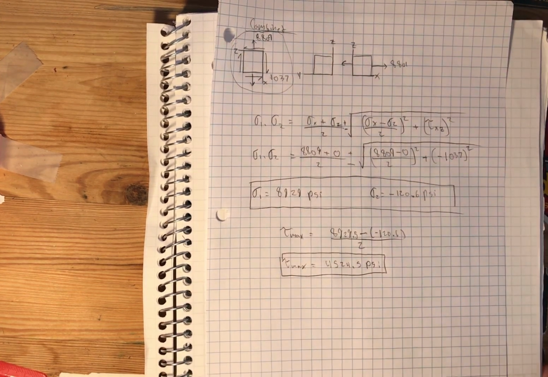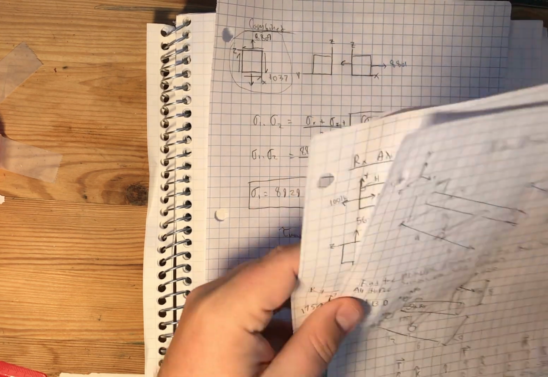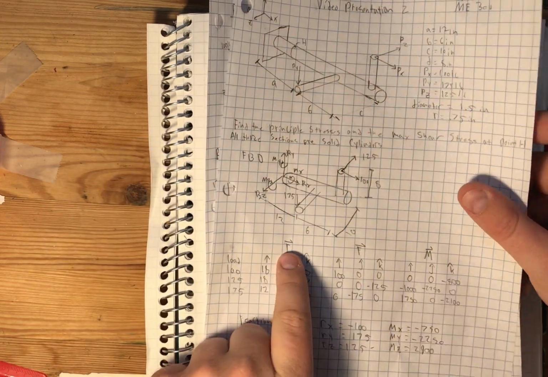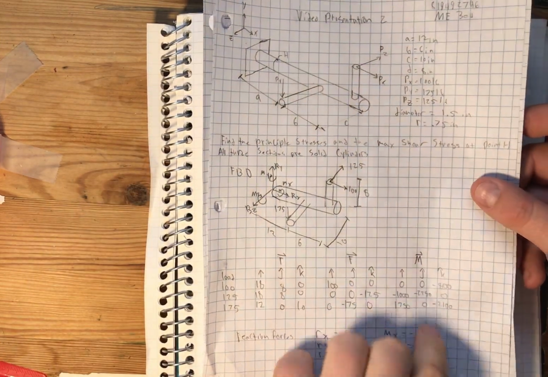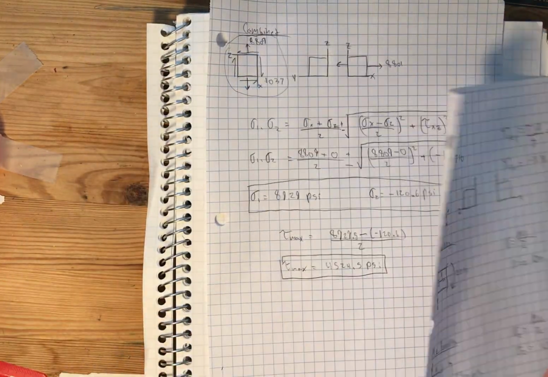Sweet. It's still recording. And yeah, that's it. So we did the free body diagram. We found the R force, F force, moment force. And we found what Rx, Ry, Rz is.